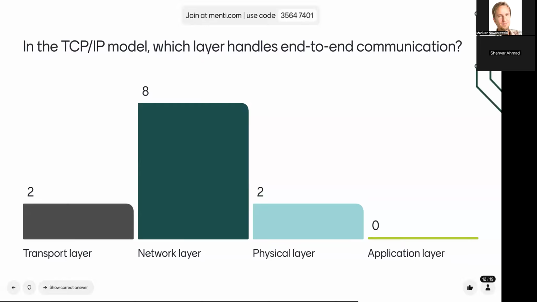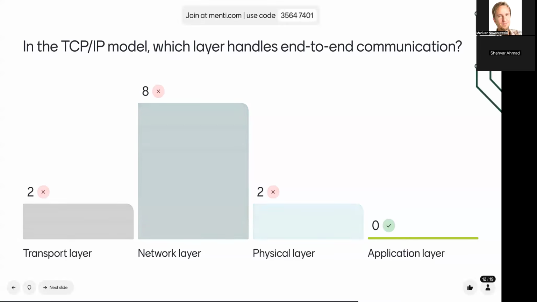Make sense? So the correct answer has to be the application layer, right? It has to be the actual HTTP. You are setting up who do I talk to? I talk to Microsoft.com. I actually don't know whatever the IP will be at the end, but I know that my communication is to that end, and then that end will talk to me.